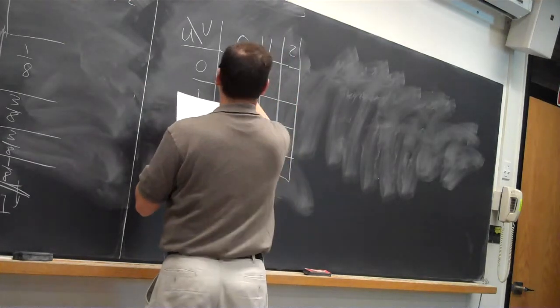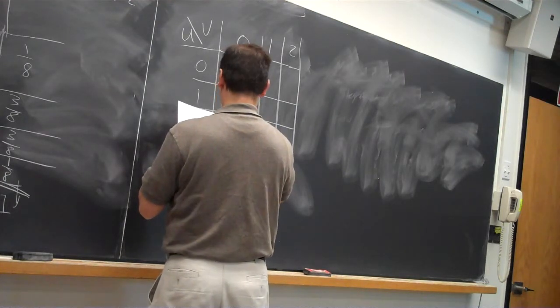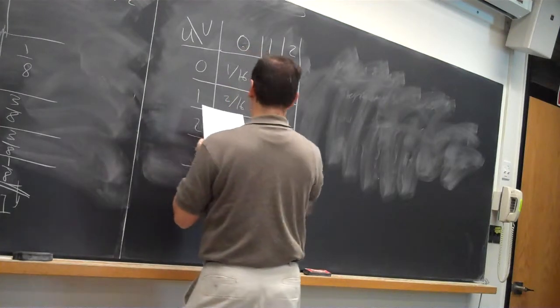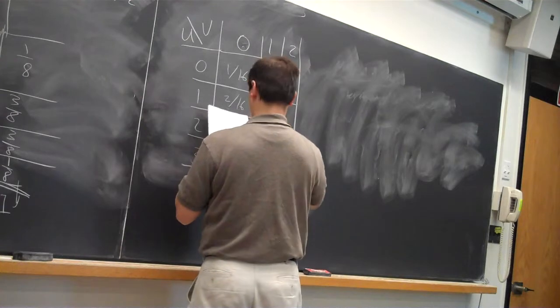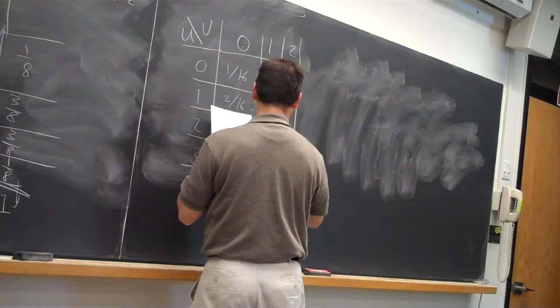And so the values are 1/16, 2/16, 1/16, 0/16, 1/16, 3/16, 3/16, 1/16.